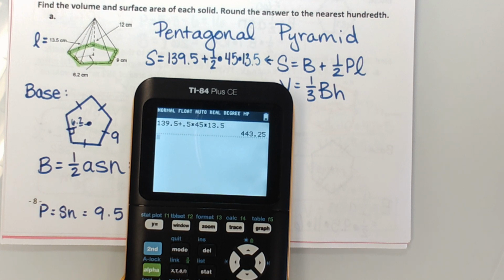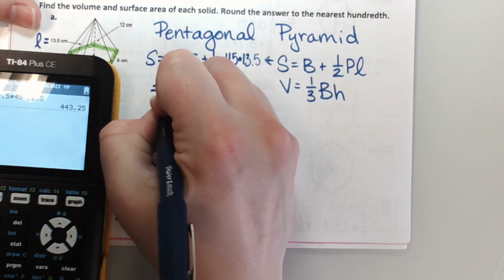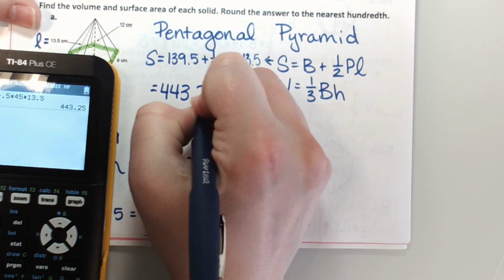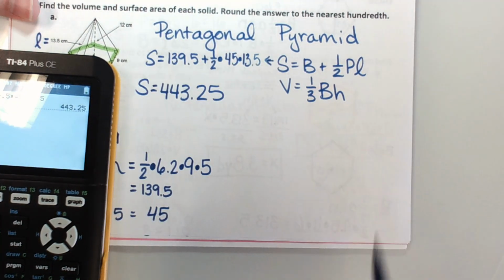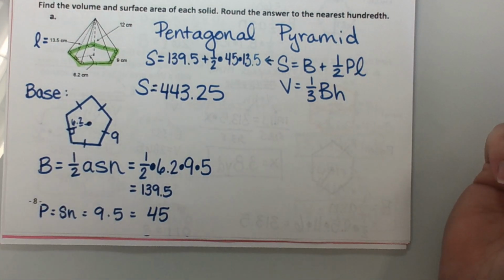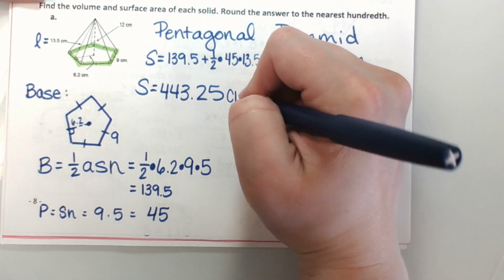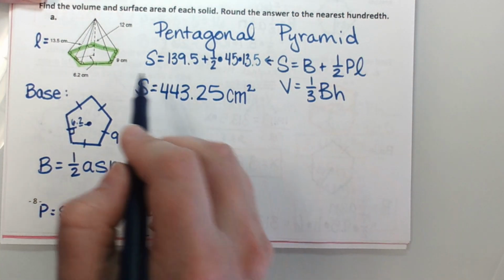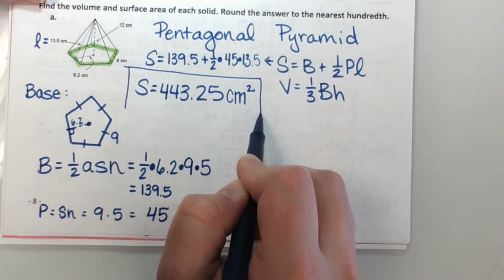I got that. Beautiful. 443.25 is surface area. Before I am done with surface area, I make sure that I do what? Units. What kind of units? Centimeters squared, because it's a surface area.